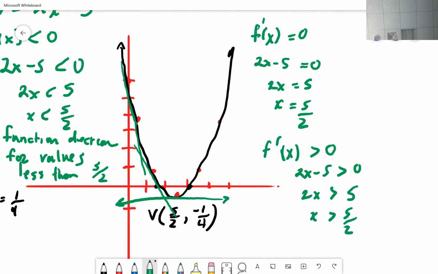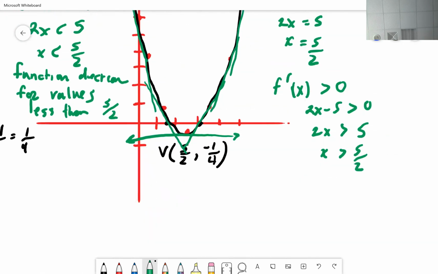So you know that over on this side, everything is going to be increasing. Just to sum up what we've talked about: when f prime of x is less than 0, we say it's decreasing.